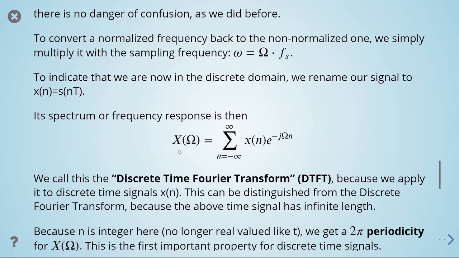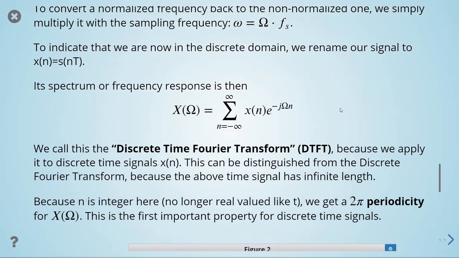So this is the frequency response. Here we have the normalized frequency. There is the sum from minus infinity to infinity. This is our signal in the discrete domain, and we have this exponential to the power of minus j capital omega times n. And this equation here we call the discrete time Fourier transform.